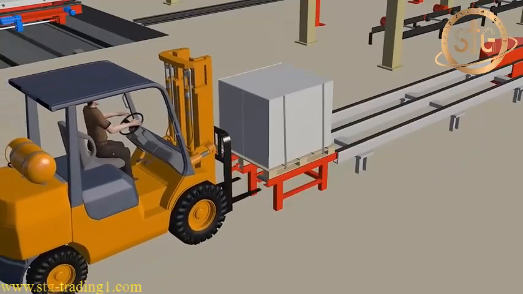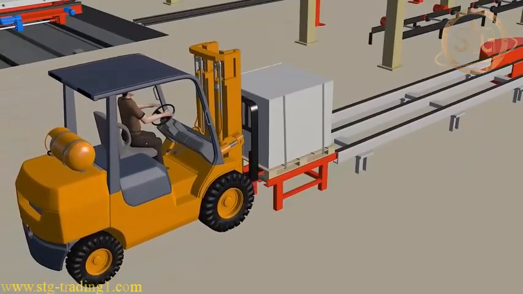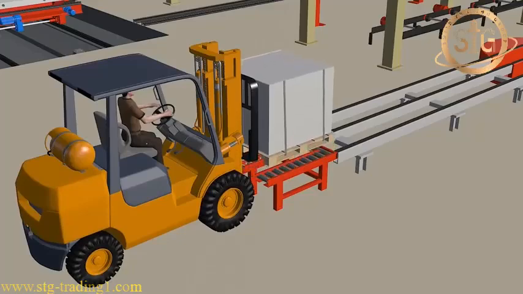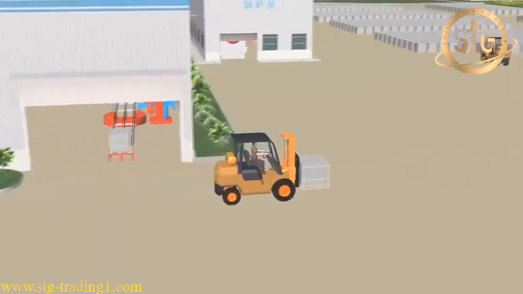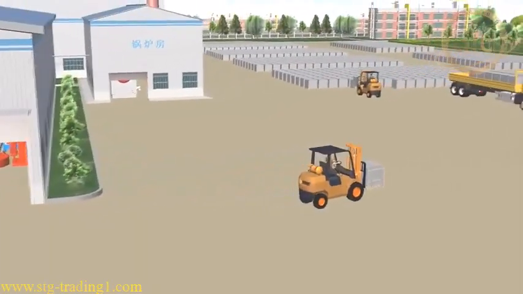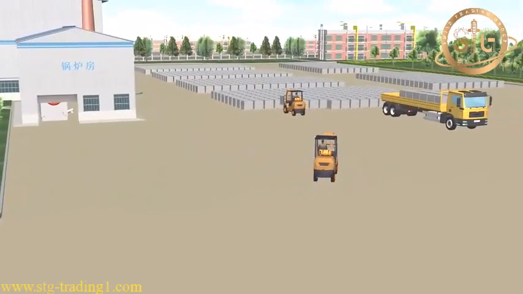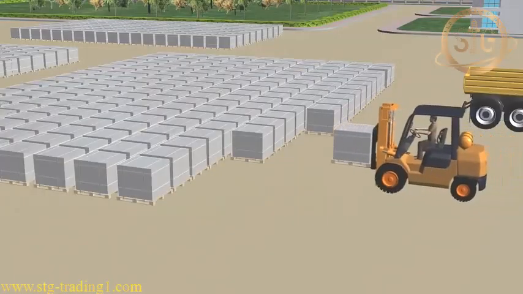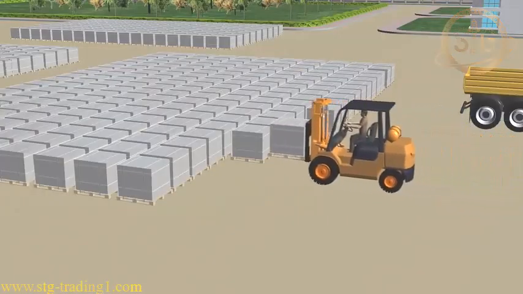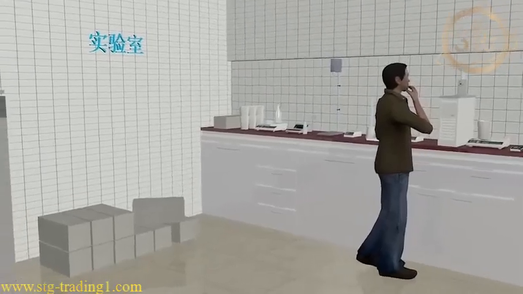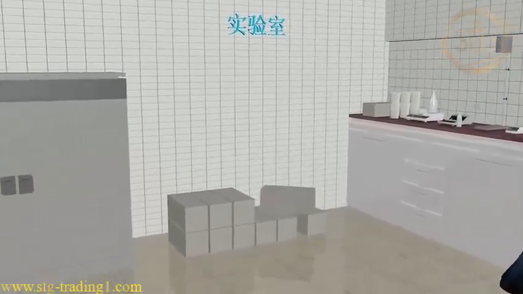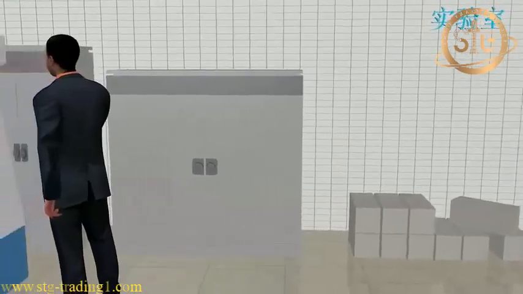After packing, the forklift moves the blocks to the storage area of the finished product, according to the specifications. All the raw materials and finished products are inspected and tested in the laboratory.